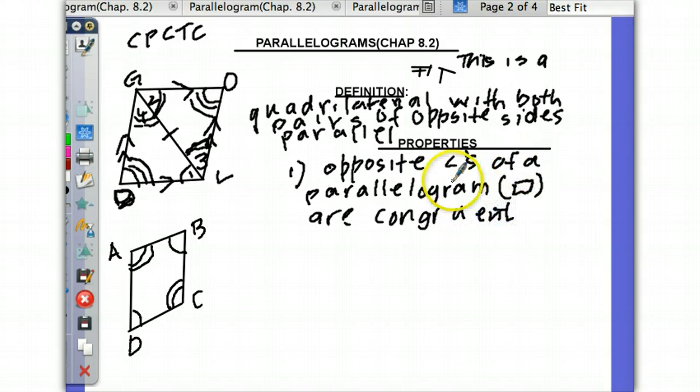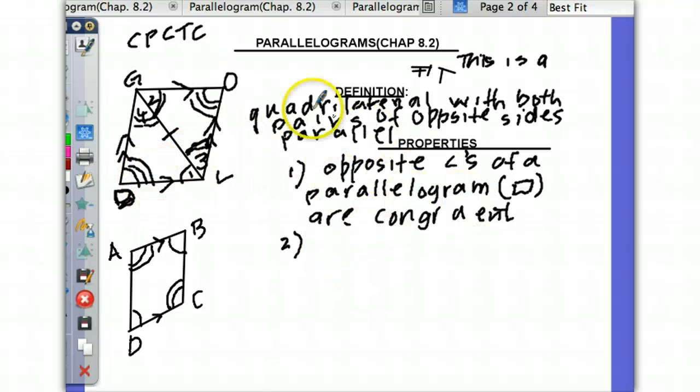All right, that's my first property. So what that would mean is if I had another parallelogram here, let's say this is a parallelogram, it would mean that these angles would be the same, and also these would be the same. Right? All right, let's go after another property. As you look at these two triangles, these two angles would have to be the same.